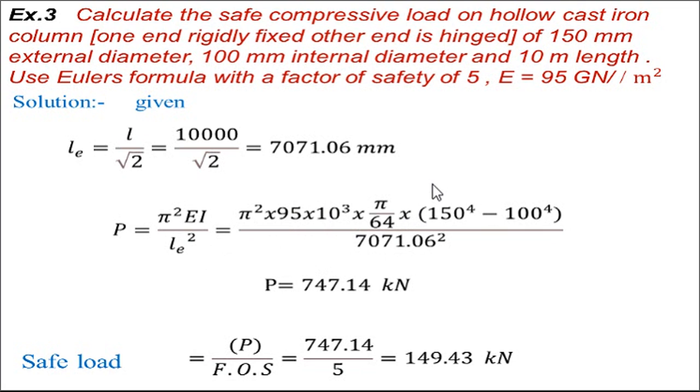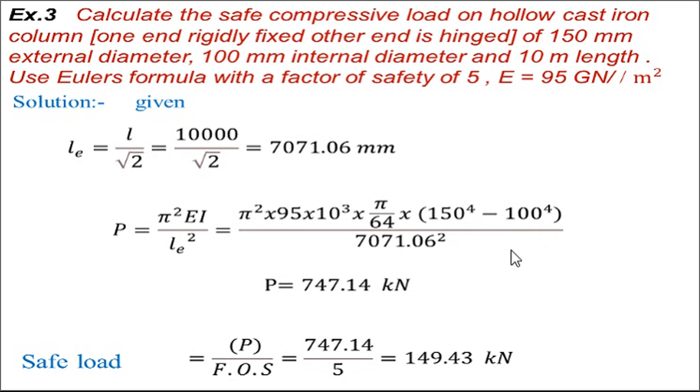I, that is the moment of inertia, or I minimum, the minimum moment of inertia in that direction. So pi by 64 into D raised to 4 minus d raised to 4, where the external diameter is 150, so 150 raised to 4 minus 100 raised to 4.